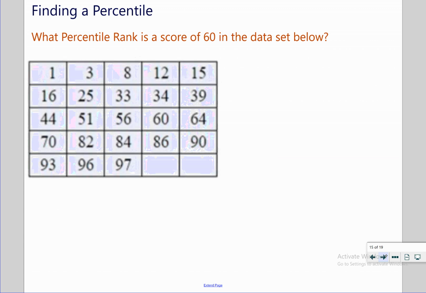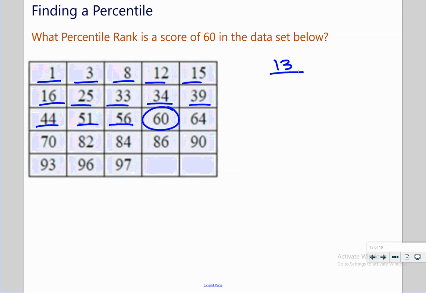We want to know what percentile rank is a score of 60 in the data set below. And again, it's already ordered for us. So 60 is the guy we're trying to calculate. What percent is below? We're going to calculate how many numbers are below. 1, 2, 3, 4, 5, 6, 7, 8, 9, 10, 11, 12. There are 13 data values below 60.